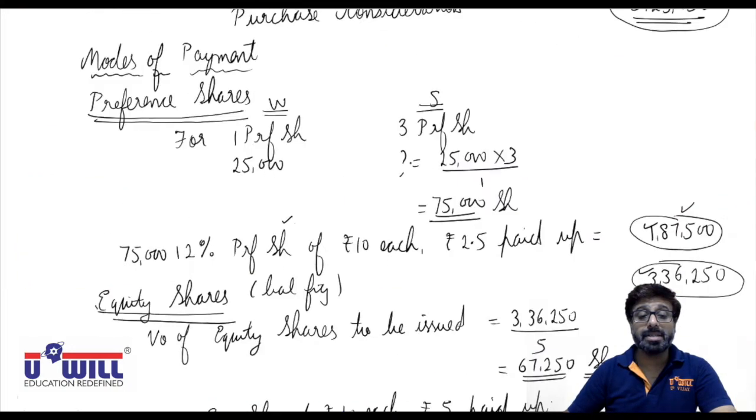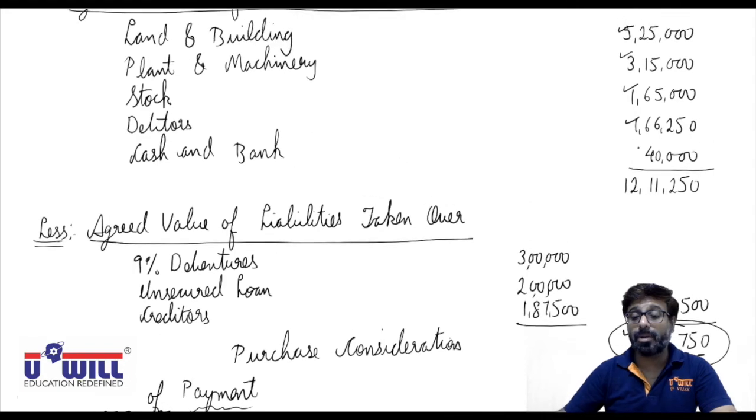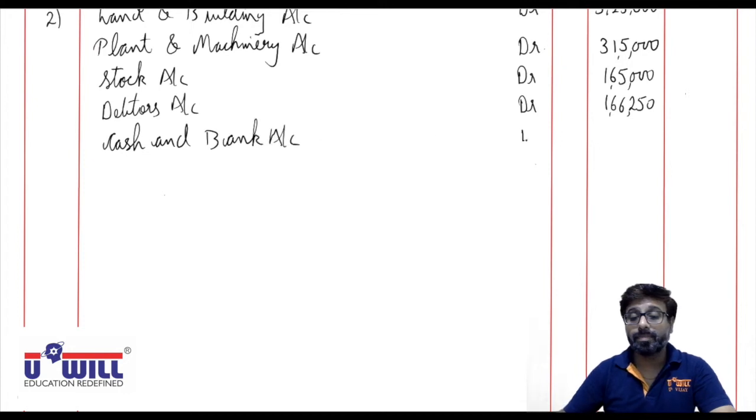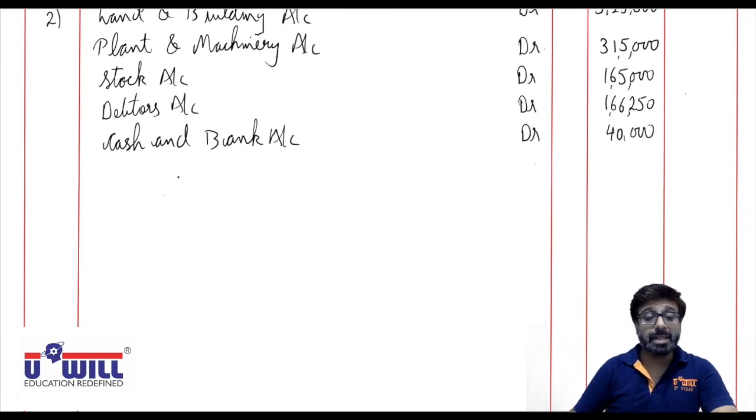Then after debtors we have cash and bank account debit with 40,000. So assets account debit is done.